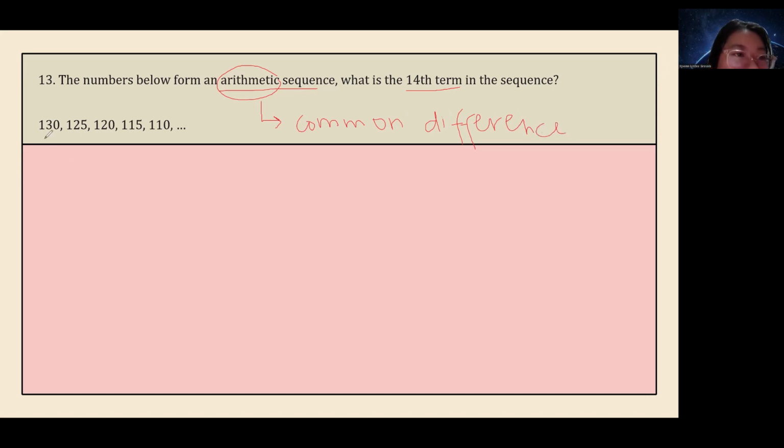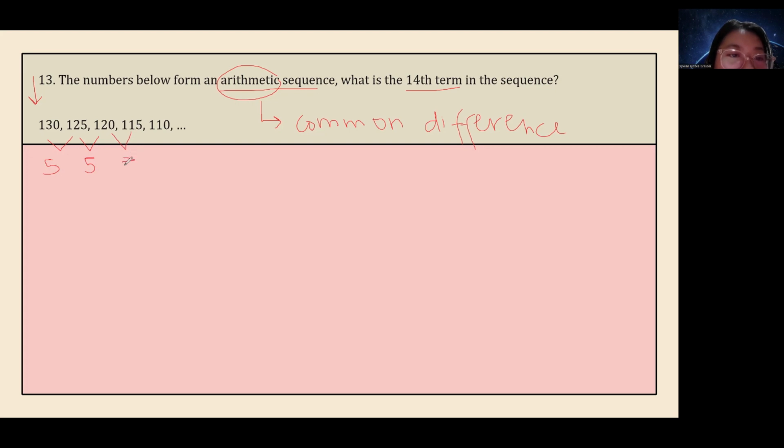Now, 130, 125, 120, 115, and 110. So the numbers are decreasing. Okay? So decreasing. So let us look at their differences. So 130 minus 125, that's 5. 125 minus 120, that's also 5.